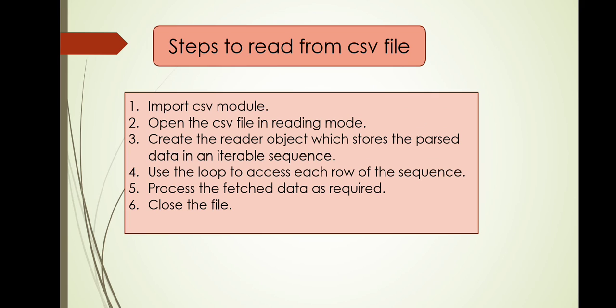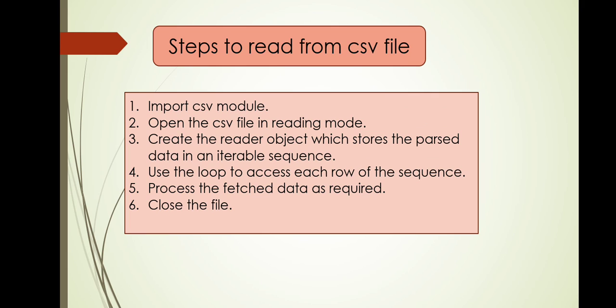Let's see the steps to read from the CSV file. First of all, the module CSV is imported. After that, the CSV file is opened in reading mode. Then the reader object is created, which will store the parsed data in the iterable sequence.